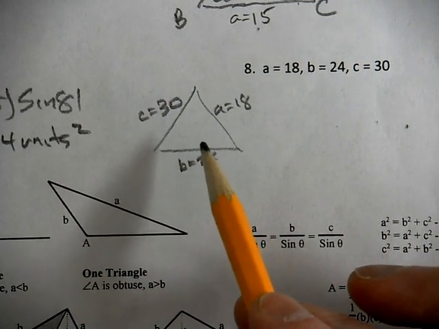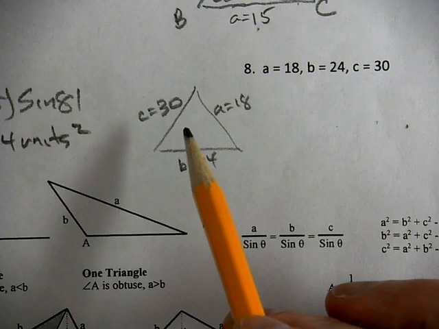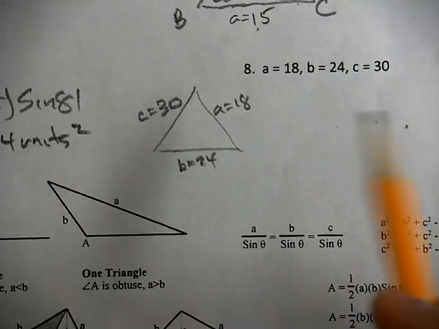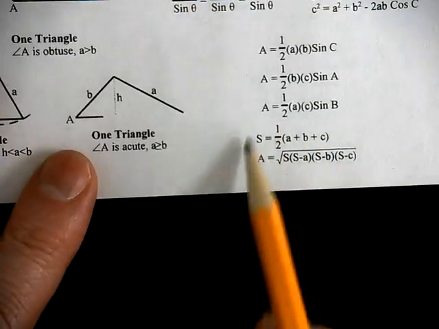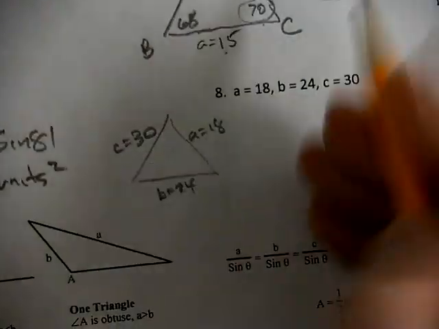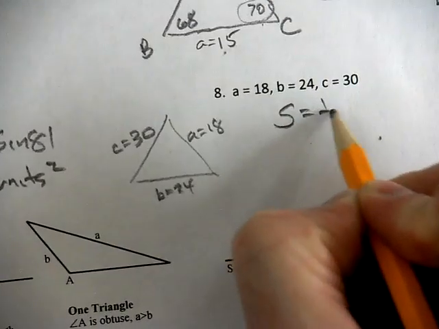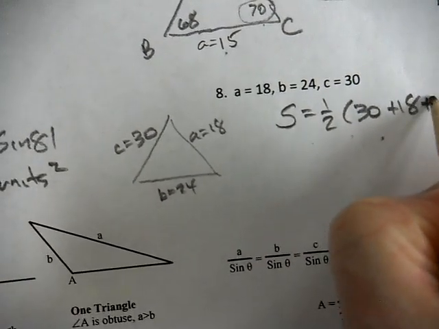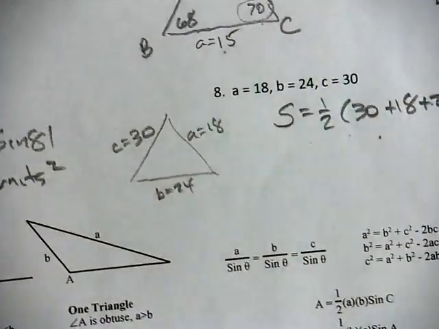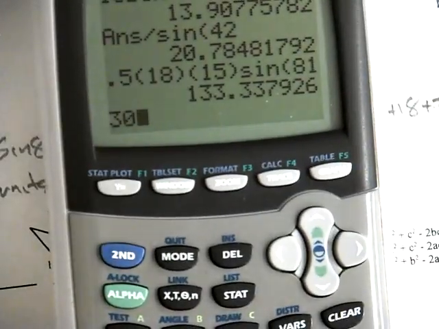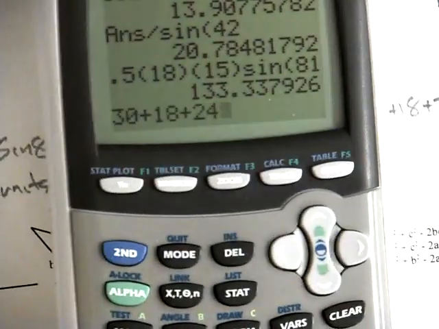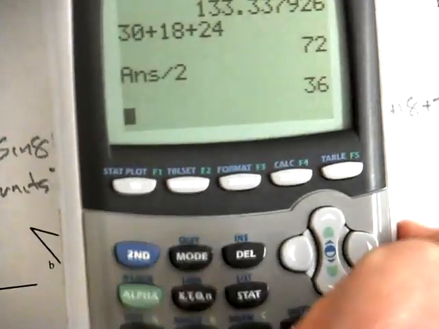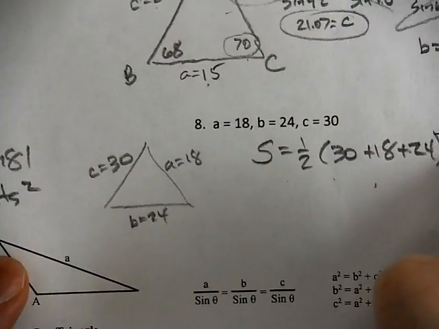And then you can use that to calculate the area. Or we can come down and use this other formula, where we use the semi-perimeter, which is half of 30 plus 18 plus 24. We divide that by 2, and we get 36 as our semi-perimeter.